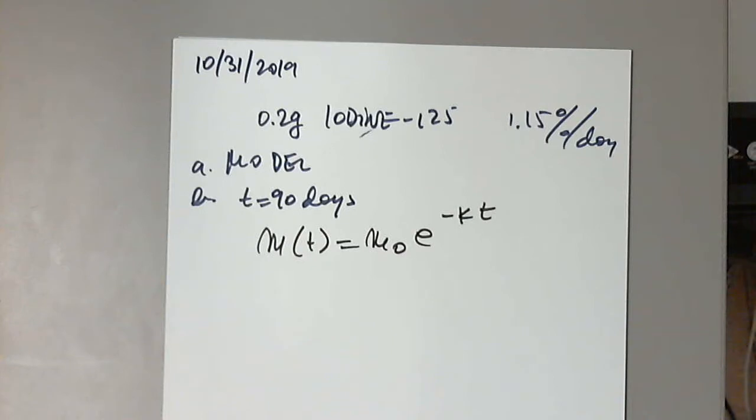1.15% per day. So here's an example. I have $100 in my pocket, and I give you 10% of it per day. How much money do I have left after the first day? $90, okay? So in this way, we are going to create a point.